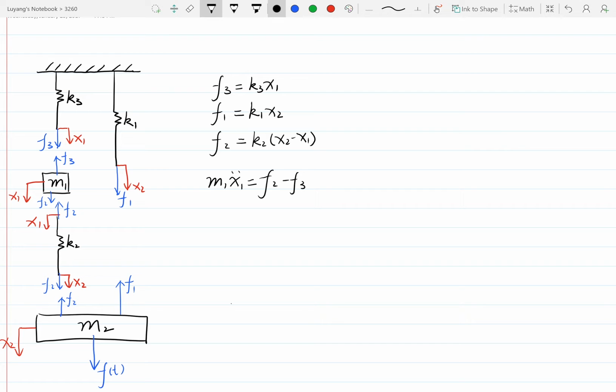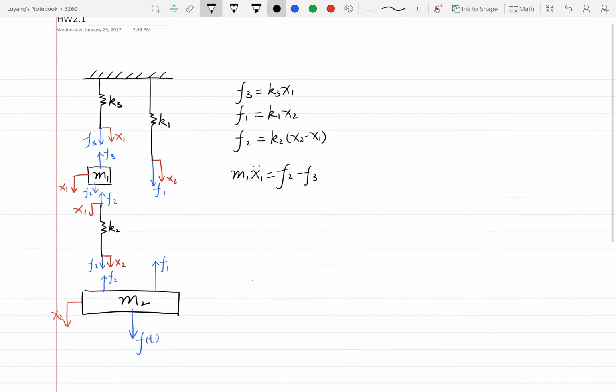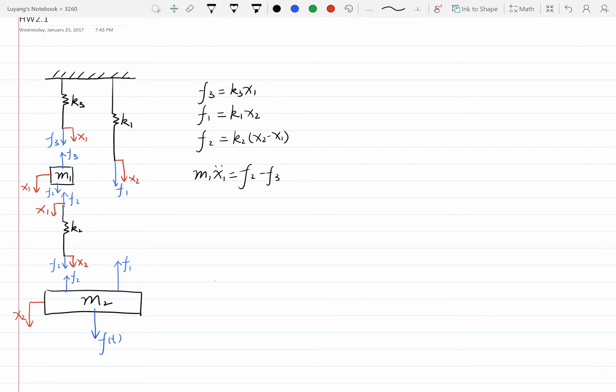F2 is positive because it's in the same direction as x1. Yes, and for the larger block, M2 times x2 double dot equals F(t) minus F2 minus F1.